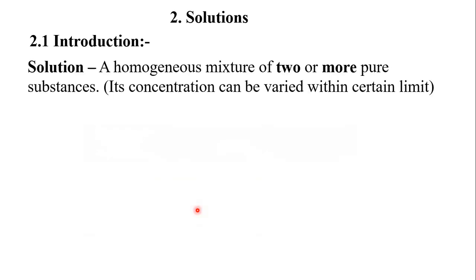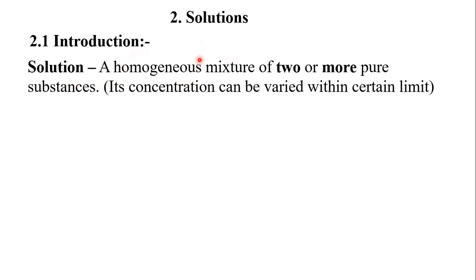So solution means a homogeneous mixture of two or more pure substances whose concentration can be varied within certain limits, then it is called a solution. Remember here, solution is what? Homogeneous mixture.